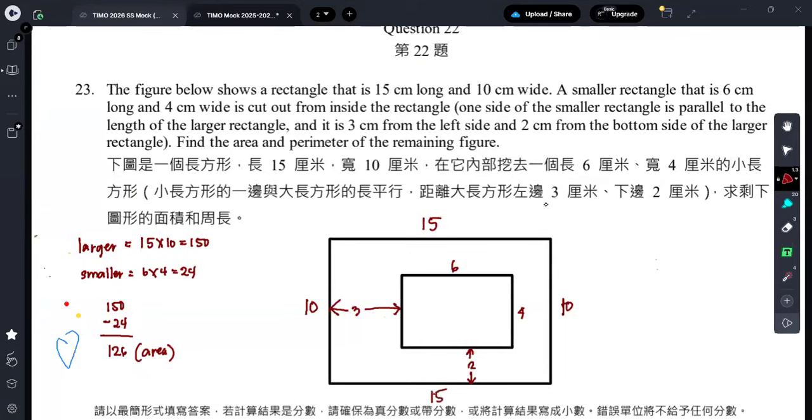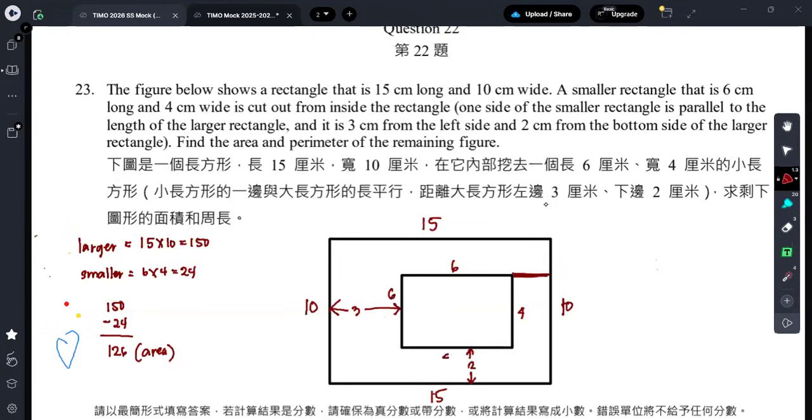So here, if this is subtracted, the total length is 6. Then this is 3. So this is already equal to 9. So meaning, what is this length? What is the perimeter of this?